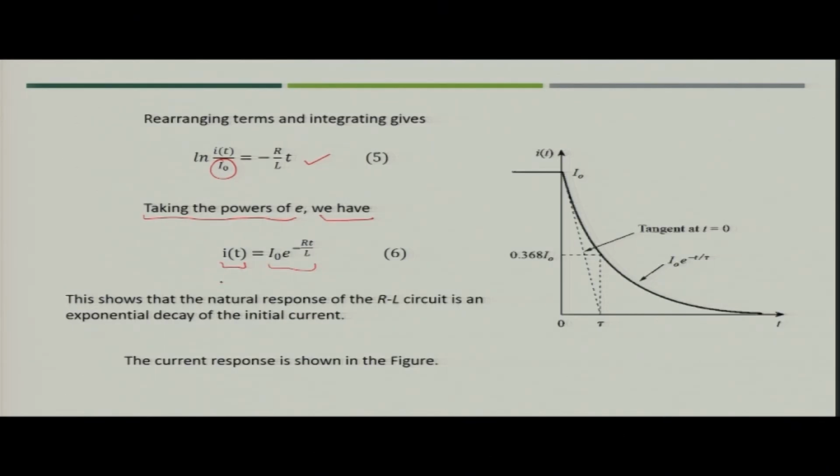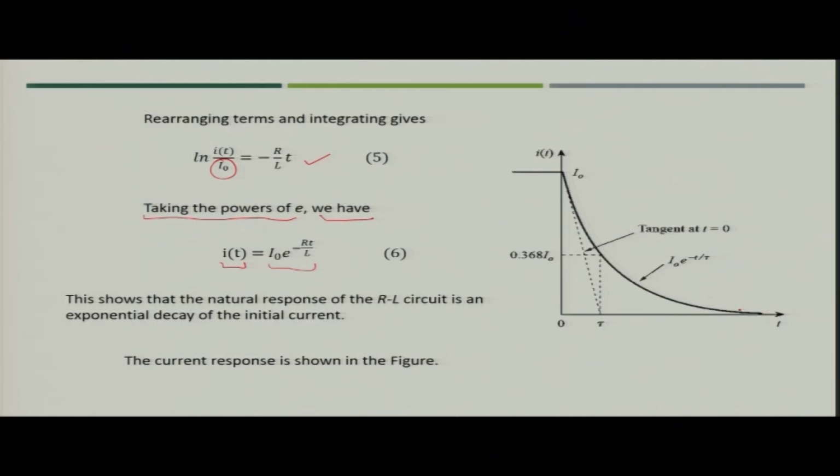If you compare it with the RC circuit, where we calculated Vc equal to V naught into e to the power minus t by RC, here the current i in terms of time t is I naught into e to the power minus R t by L. What would be the response of this function, I naught e to the power minus R t by L?